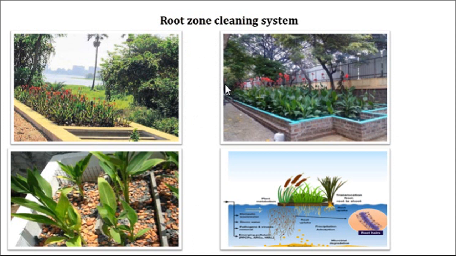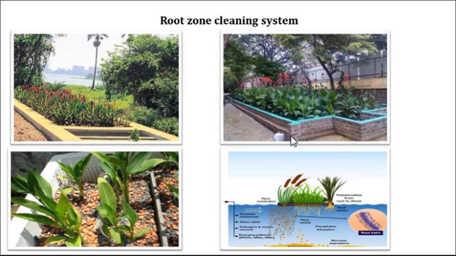So these are the different plants which are used in root zone techniques. Here a tank is constructed in which the plants are planted. In general, this system consists of, at the bottom, an underdrainage system to collect the treated sewage.